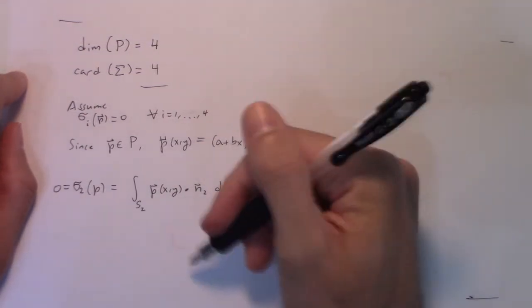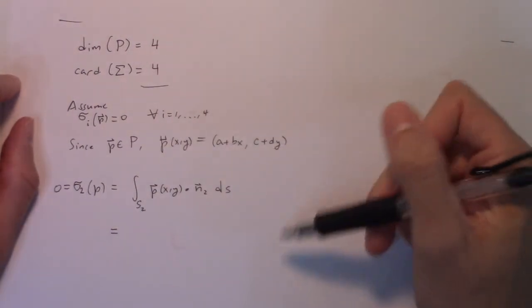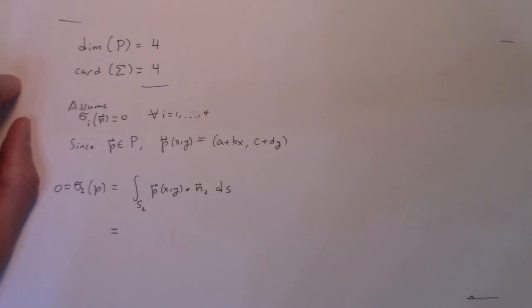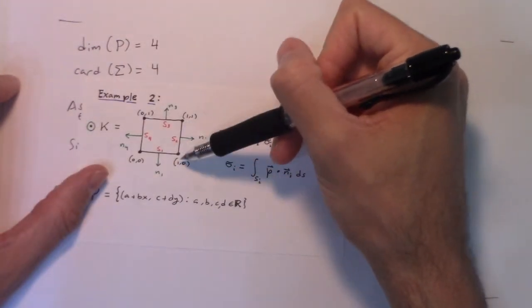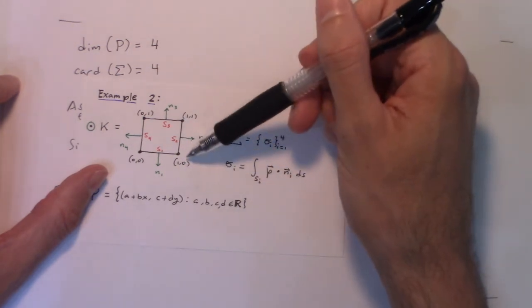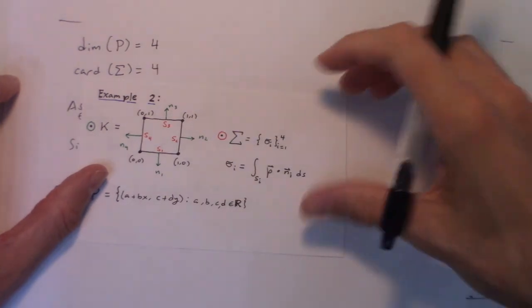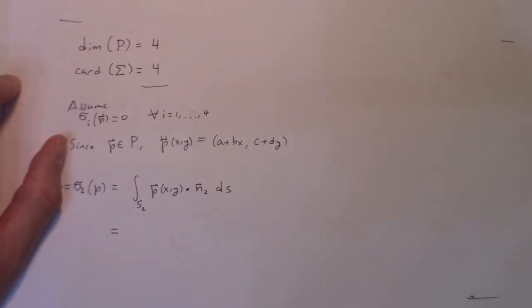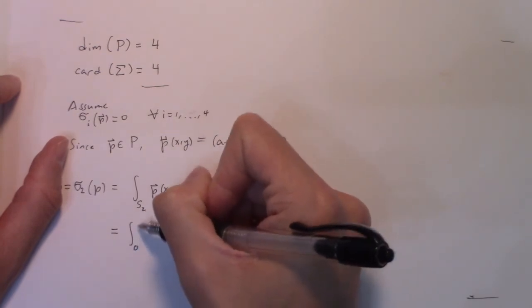So this is the boundary integral. If we look back, we're integrating across this vertical line. So x is 1, and we integrate from y equals 0 up to y equals 1. This boundary integral simplifies a lot.